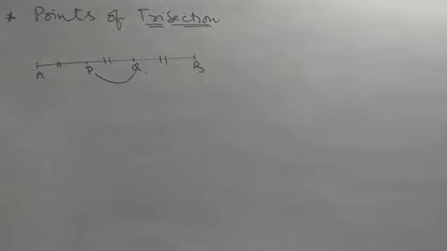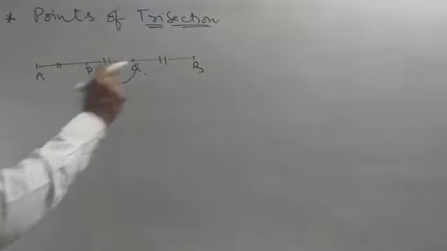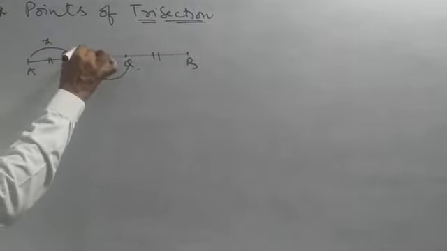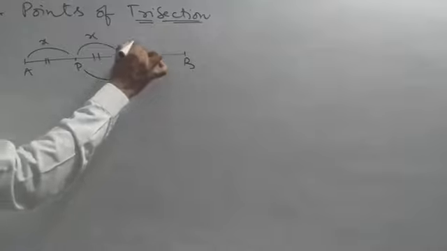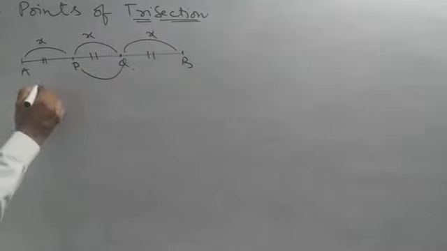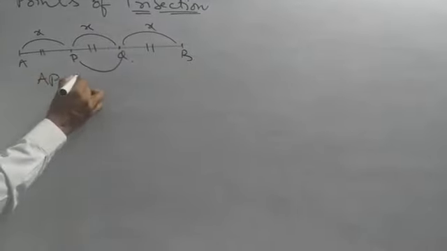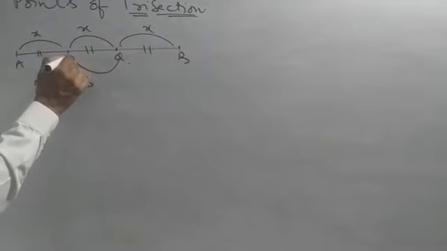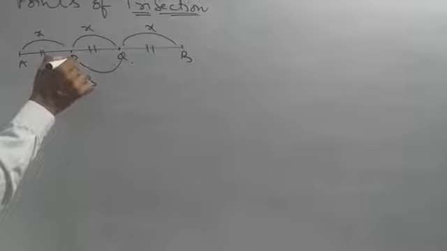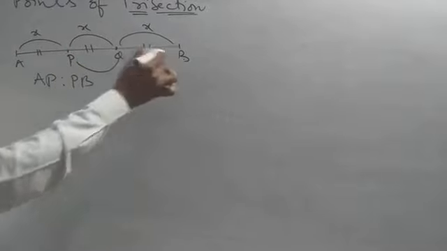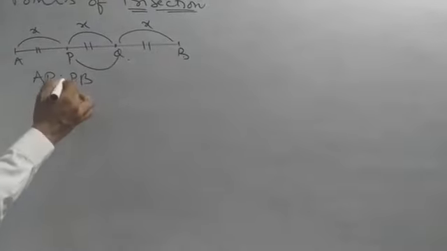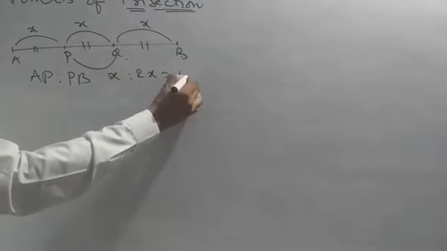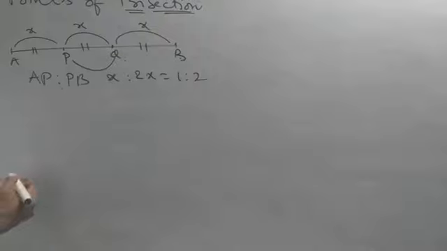Now let us observe what ratio they will divide. For convenience, consider this is x. Therefore, this will also be x and again this will also be x. Now if you observe, AP is to PB, because when we are considering the section formula, we need to observe with the given line segment and the point. So AP is to PB is equal to x is to 2x, that is nothing but 1:2.